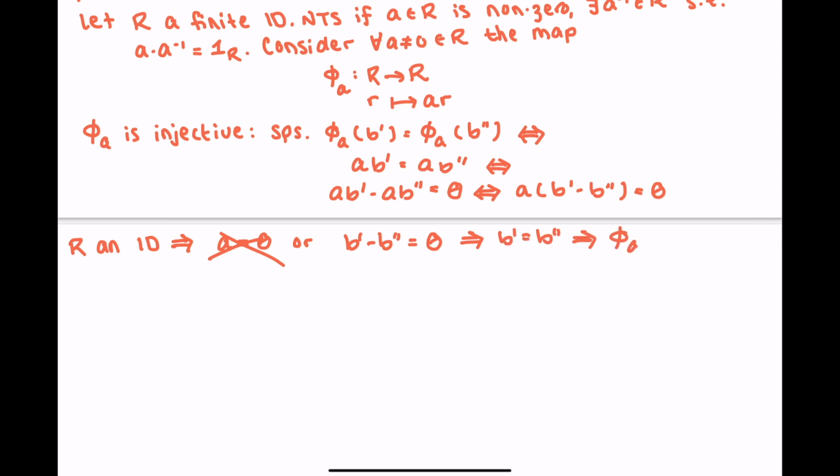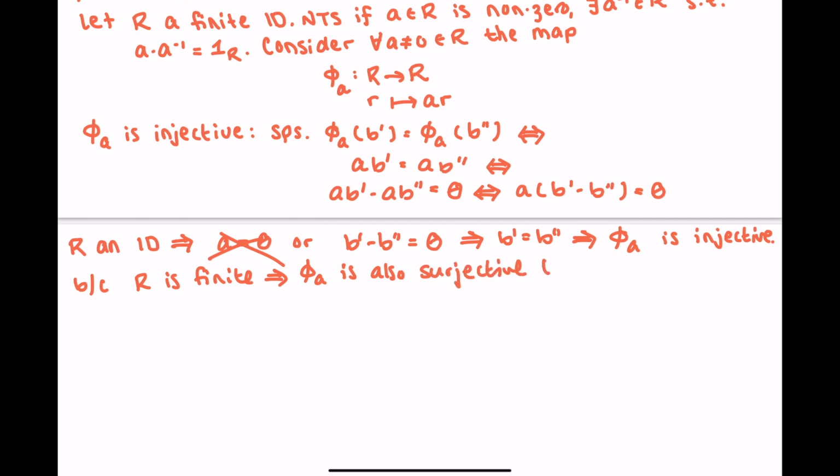So this means phi sub a is injective. And because R is finite, this implies that phi sub a is also surjective, and hence a bijection in this case. So in particular, we know the map is invertible, so there has to be an a inverse.